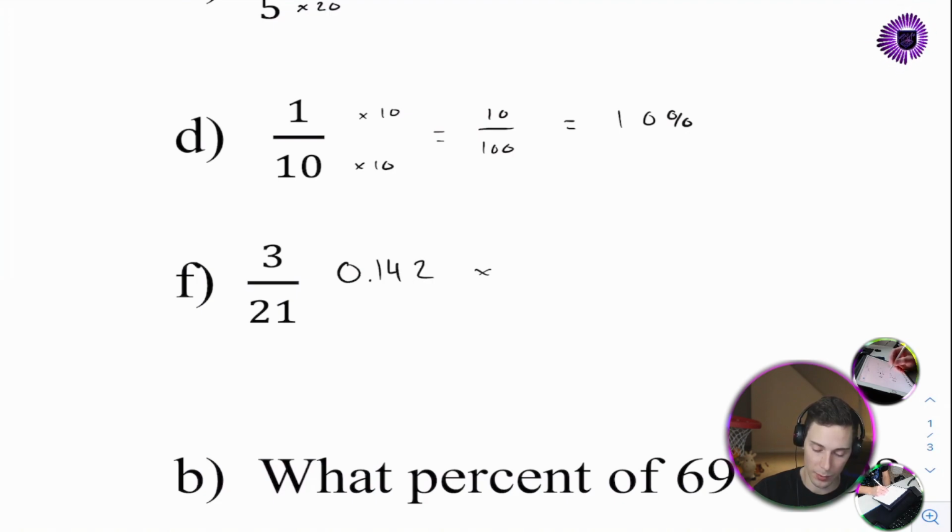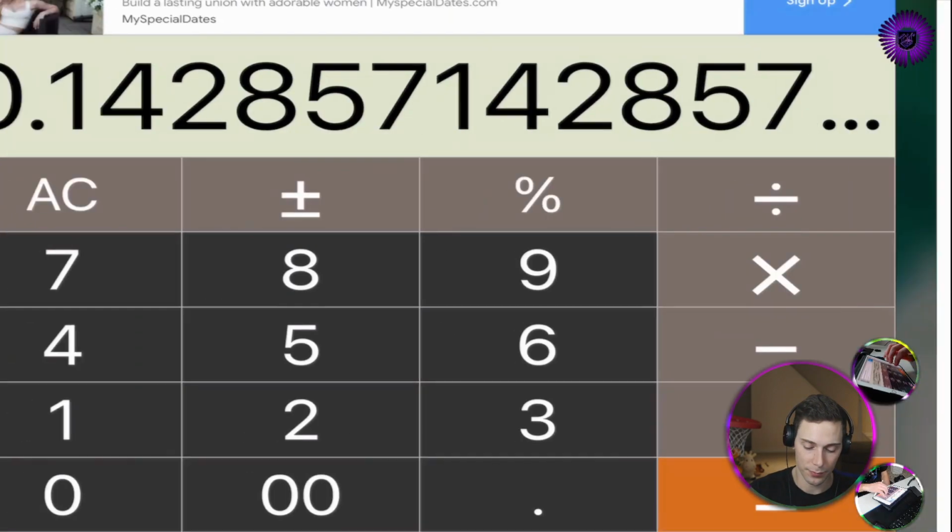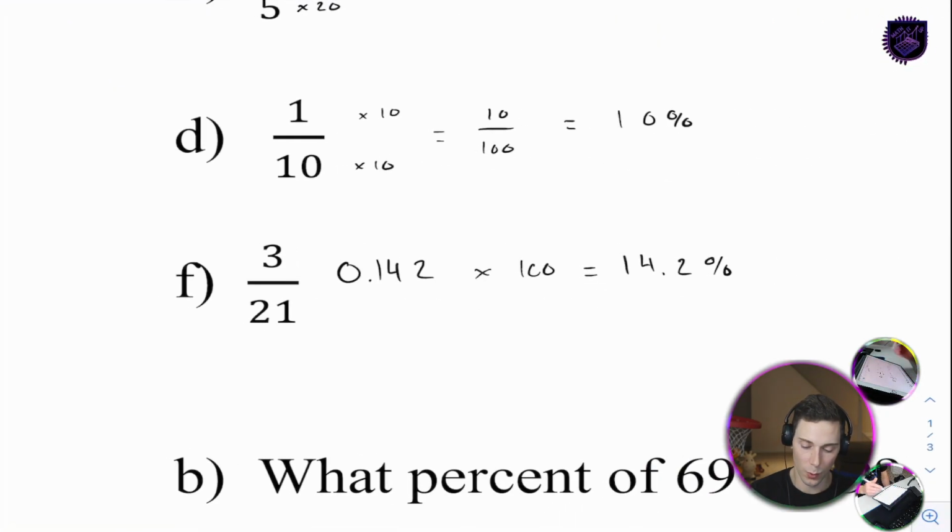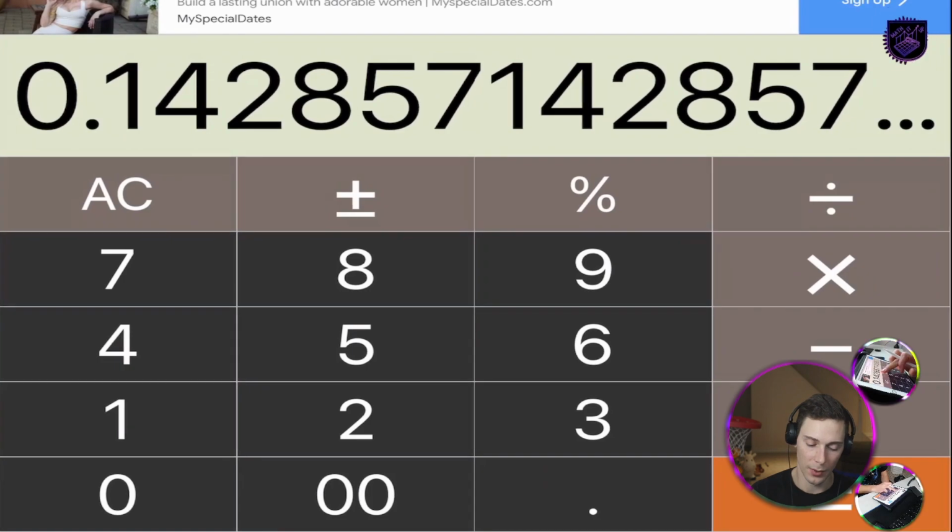We can then multiply that by 100, and that's going to equal 14.2%. If you rounded that off to 14%, that might be okay, depending on what your teacher wants you to do. Or 14.3% potentially even, because you can round that up there. Okay.